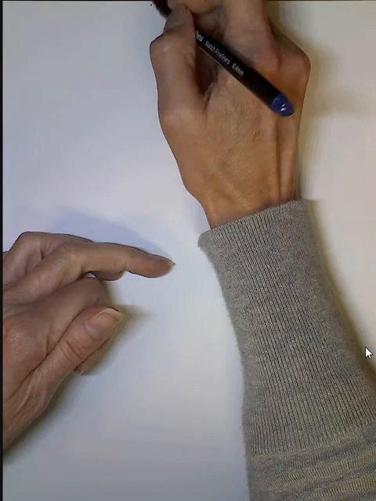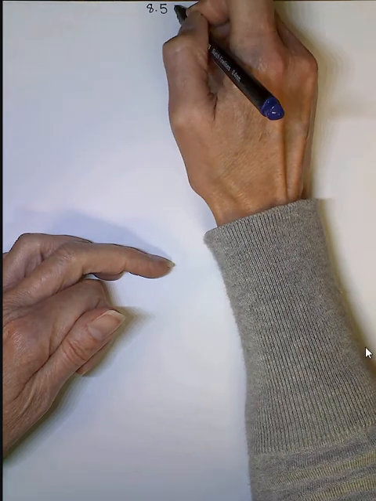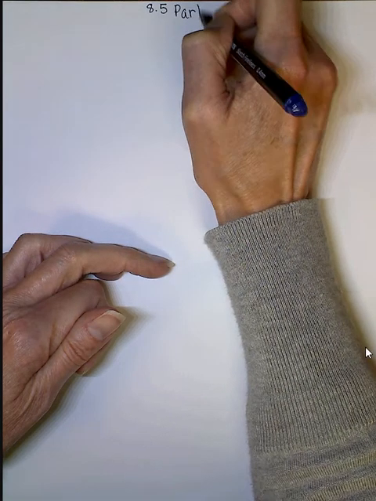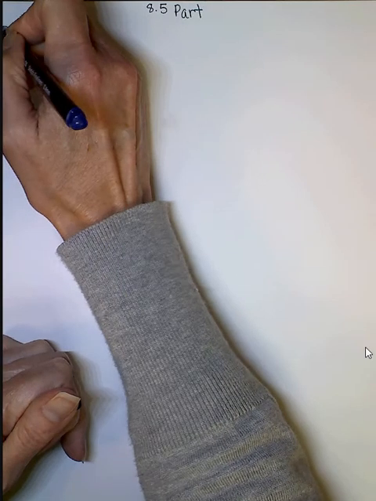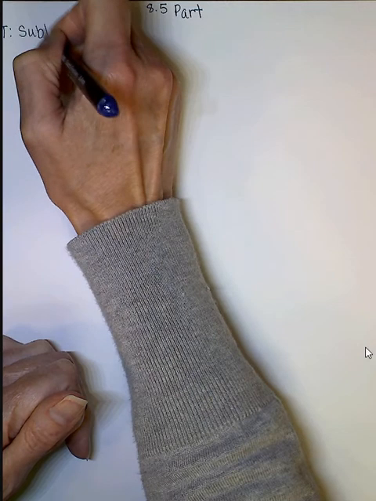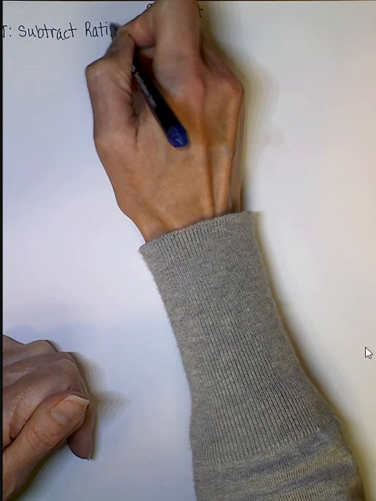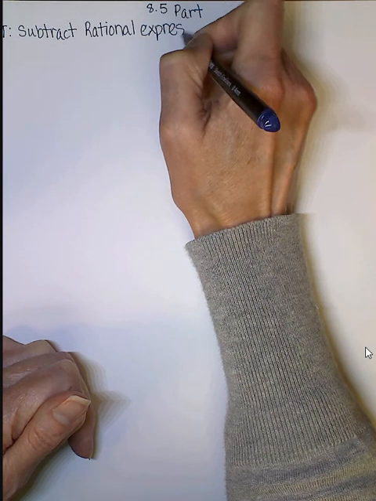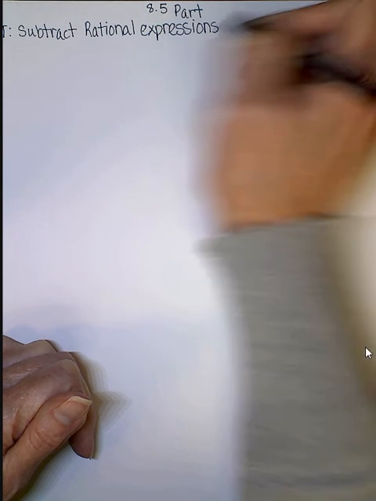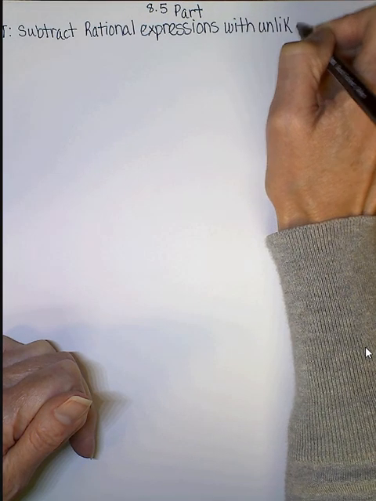Okay, so we're going to work on this a little bit more, subtracting. This will be 8.5 part 2. We worked on adding with unlike denominators, so this time let's subtract rational functions, or rational expressions, I should say, with unlike denominators.